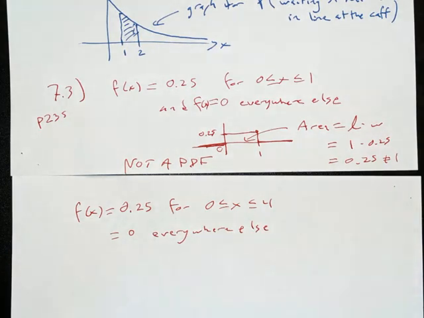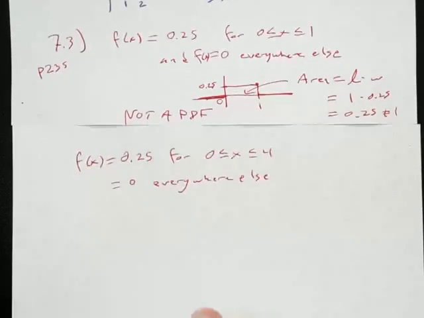Here's a different function. What's the graph of that one look like? So it's basically the same picture, it's just stretched out further, right?